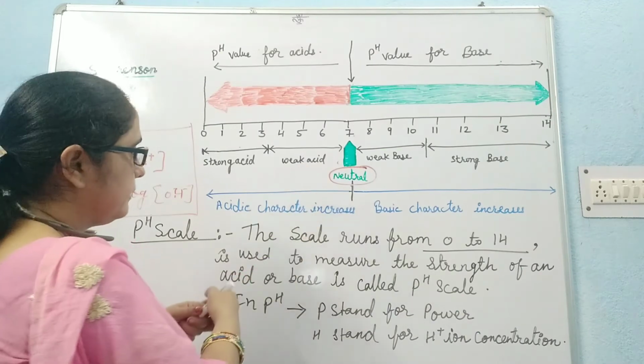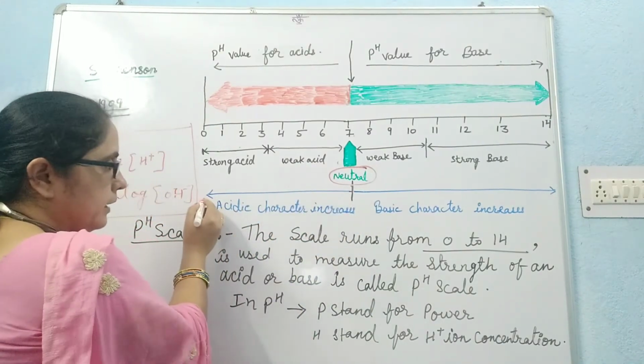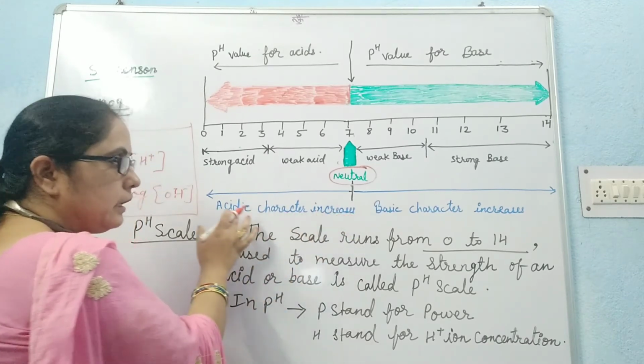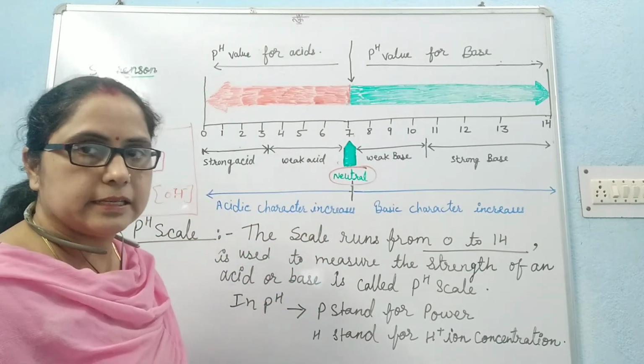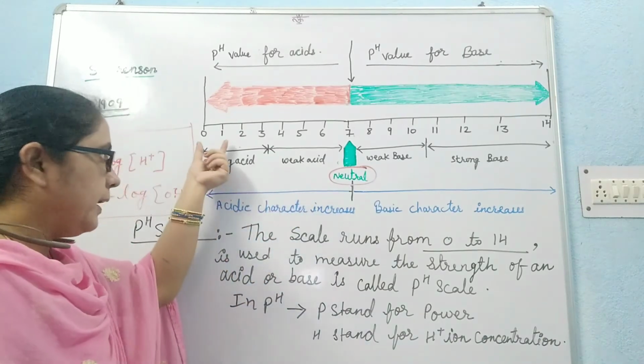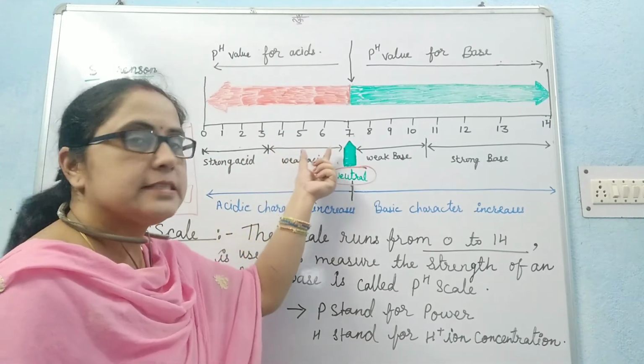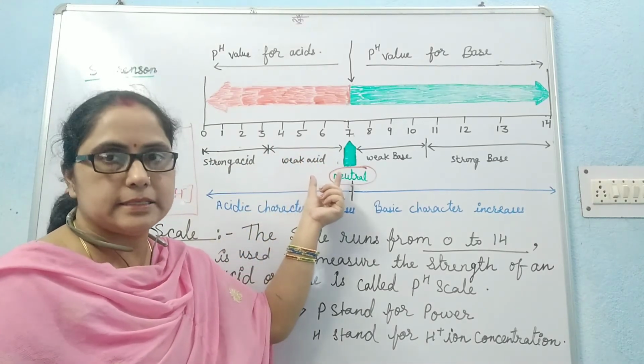See here, as we move from 7 to 0, the acidic character of an acid increases. It means if the pH value is 1, it is highly acidic. If its pH value is 6, it is weak acid.